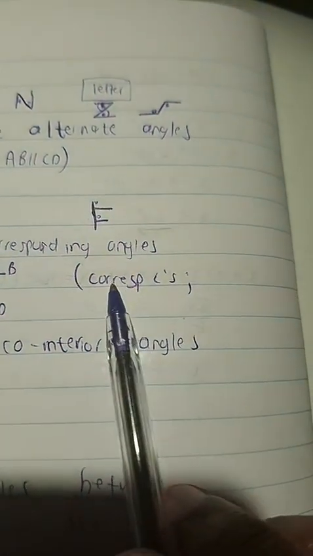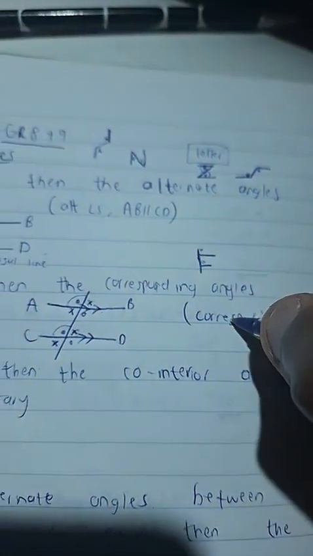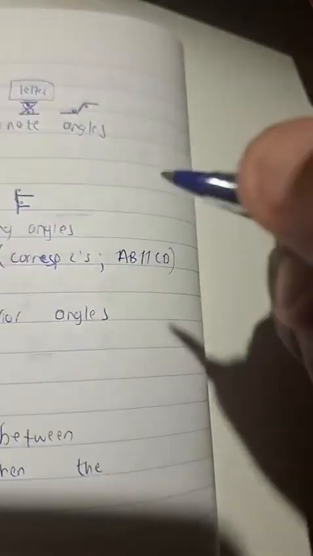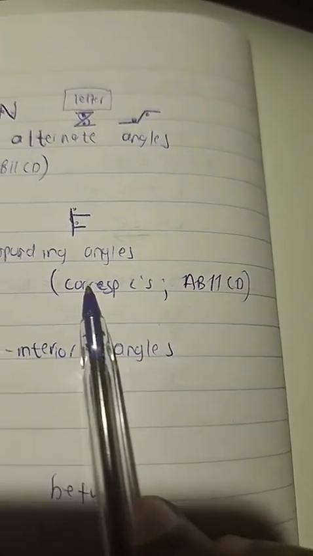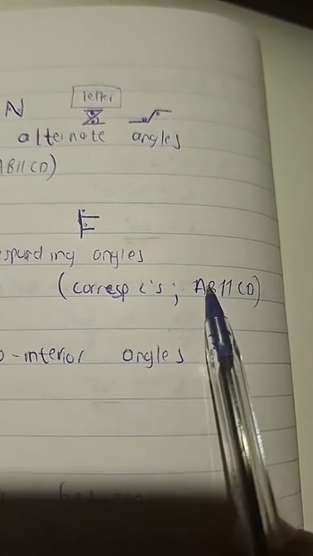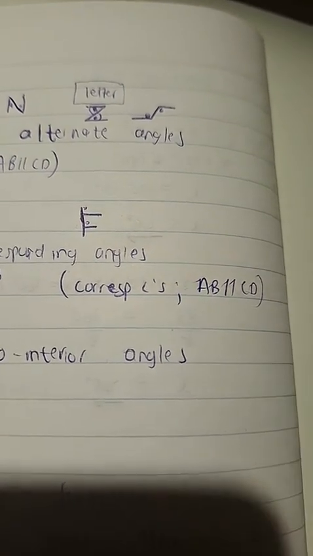The reason we use whenever we have to state that is we write corresp angles for short, and then we state the lines that are parallel, AB parallel to CD, or whatever those lines are. This is our reason that we use whenever we're using corresponding angles.